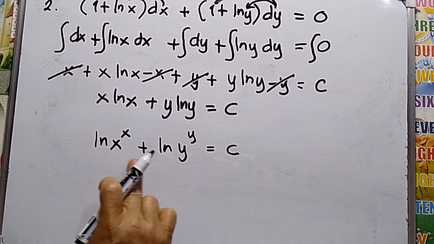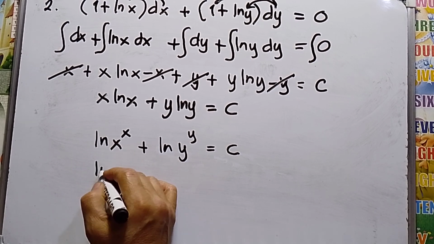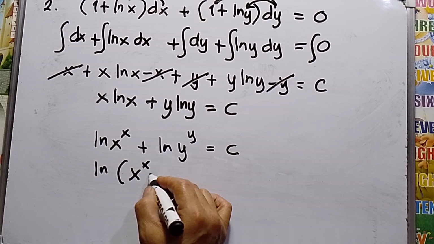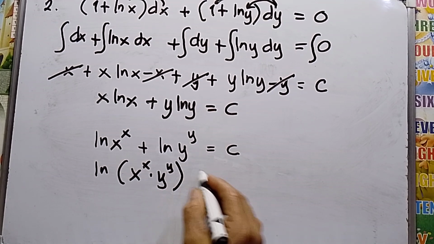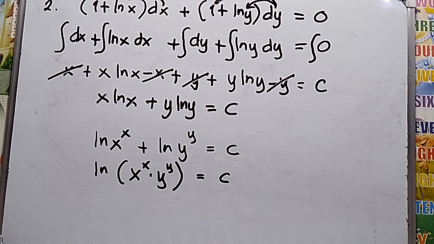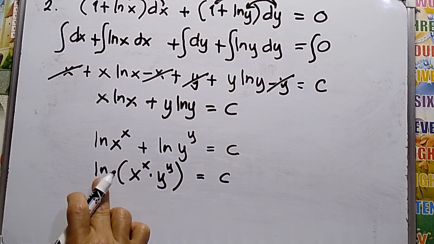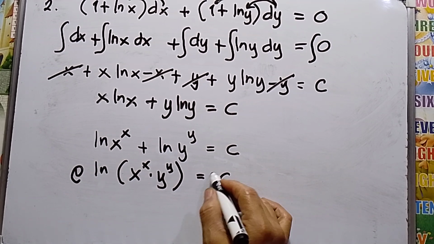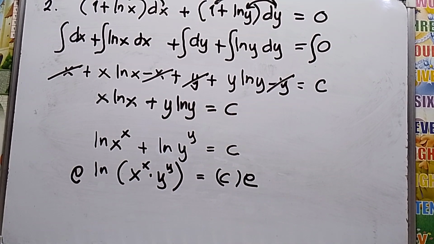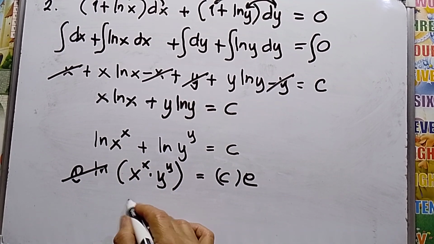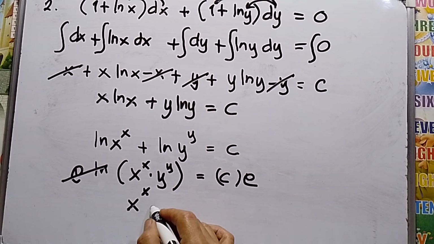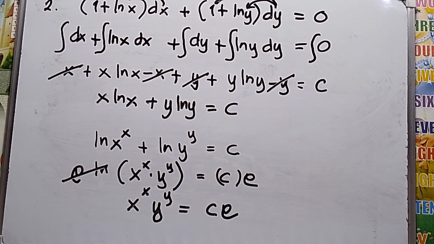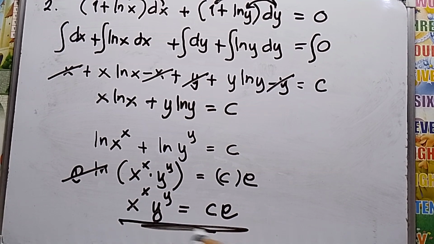Then if this is plus, I could write this one as ln of x to the x times y to the y is equals to c. So to eliminate ln or natural logarithm, I need to multiply by e. So this will be crossed out. So I have here x to the x and then y to the y is equals to ce. So that's all for this topic.